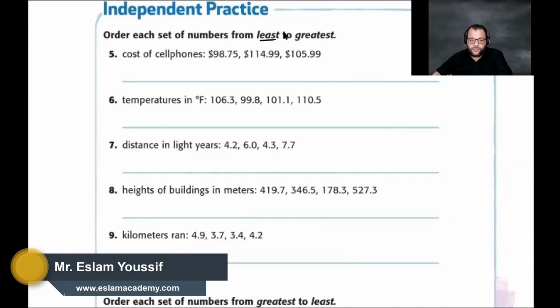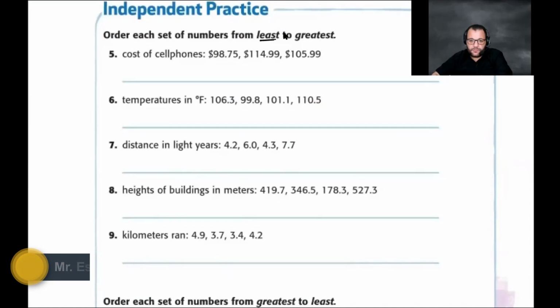Okay. So the least is 9. At the first, underline the digit, the number before the decimal point. Are they the same or different? 98.75 will be the smallest one.